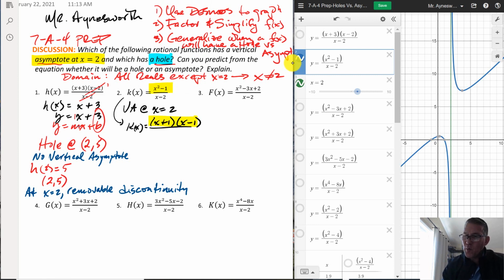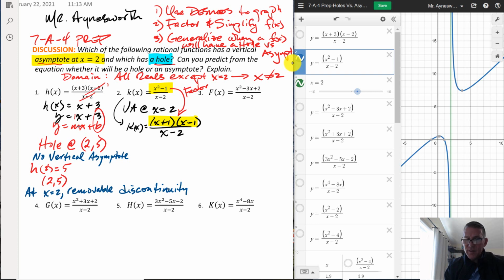We start learning this in Algebra 1, and by pre-calc, and this is a pre-calc course, you should know how to factor. So from here to here, we factor x squared minus 1 as x plus 1 times x minus 1 using the previous techniques. And we divide that by x minus 2.